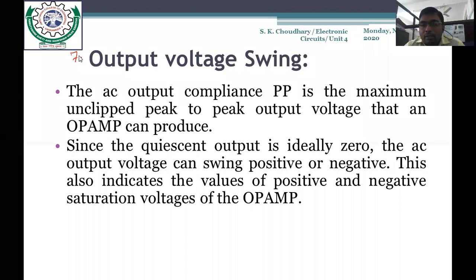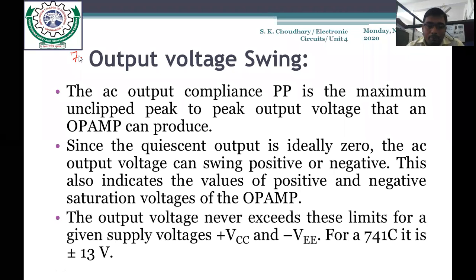Since the quiescent output is ideally zero, the AC output voltage can swing positive or negative. This also indicates the value of positive and negative saturation voltages of the op-amp. The output voltage never exceeds these limits for a given supply voltage of plus VCC to minus VEE.